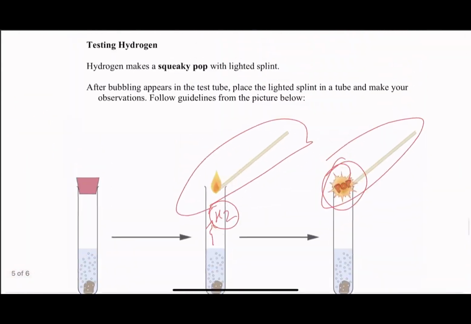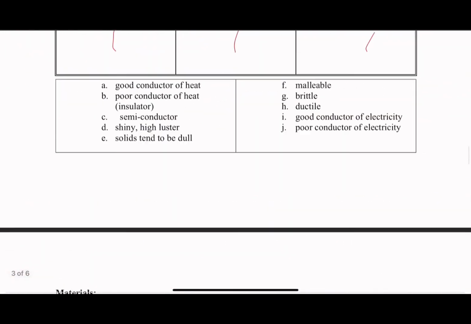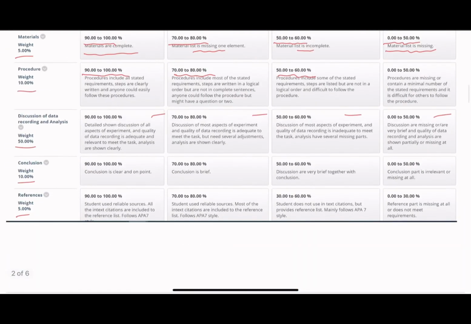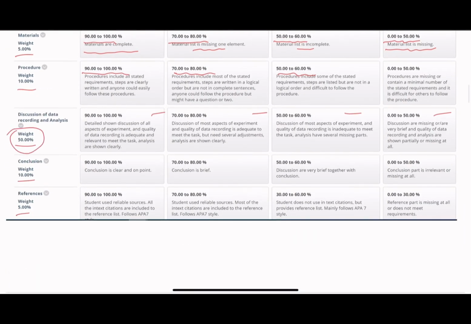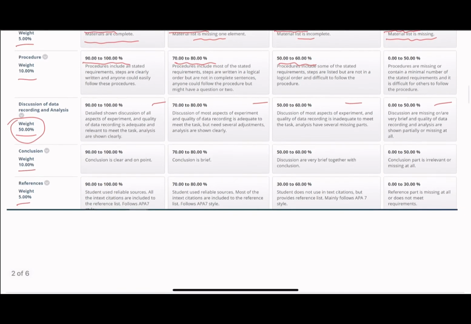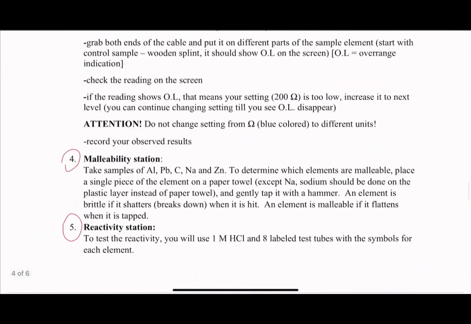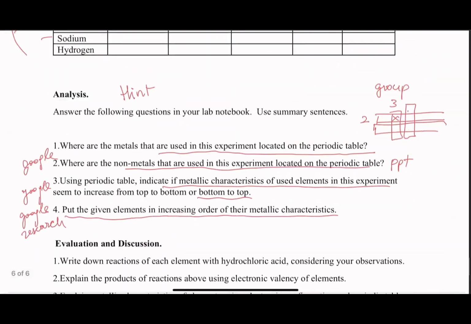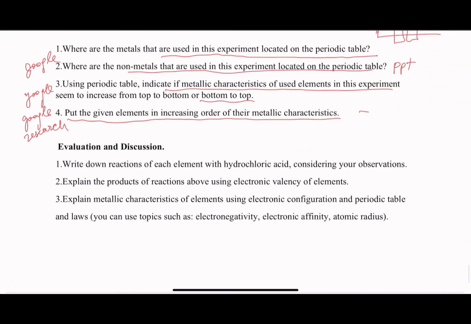So results and discussion, as I showed in here, it is 50%. So you really need to write a proper results and discussion. If you don't write a good results and discussion, unfortunately, I'm not going to be able to give you a good grade. Okay, so you need to answer all of these questions in your report. A proper essay needs to be written.